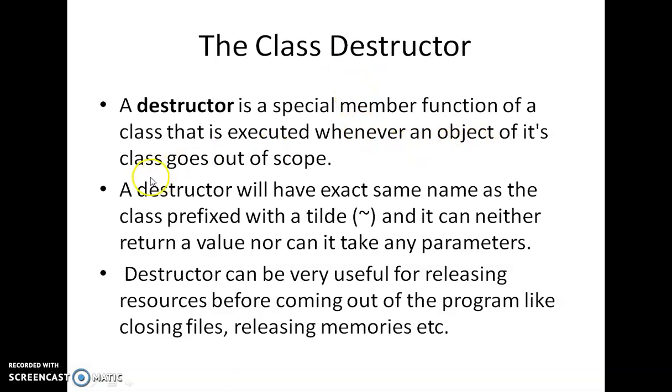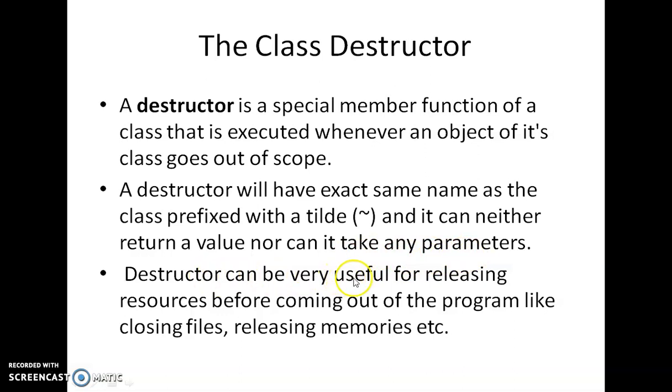Whenever the object goes out of scope, that means whenever the object is destroyed, when you complete the program, the destructor is executed automatically. It has the same name as the class name, but prefixed with a tilde symbol. This method will not return any value and does not have any parameters.